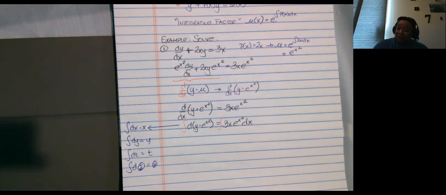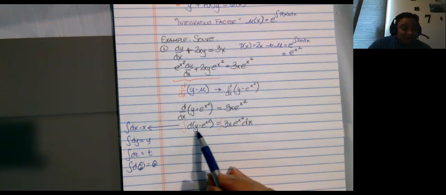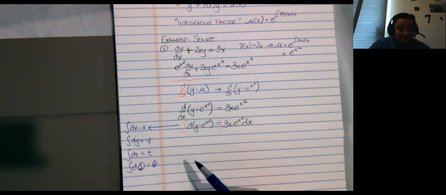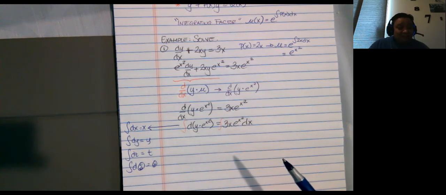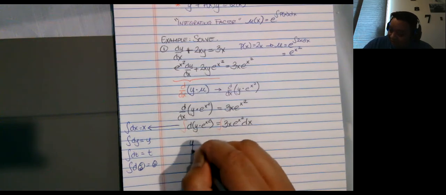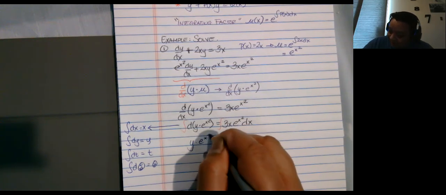Okay, but so that's the answer. That's what you have. So which means, what's the integral of the left side then? If you follow everything we did here, what's the integral of the left side? It's your y times e to the x squared.